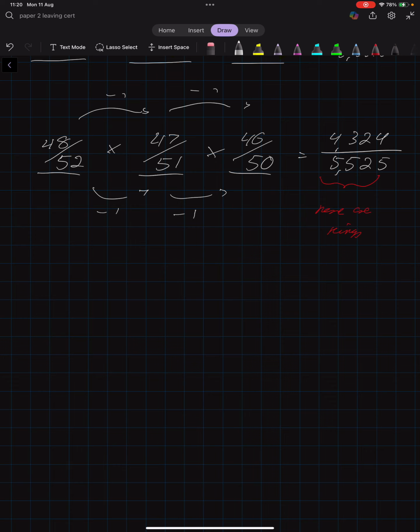Okay? So the easy way to do it is to say, I know the total probability is 1. The probability of me getting no kings is 4324 over 5525. And therefore, if I minus these off, I get the chance that I get at least 1.